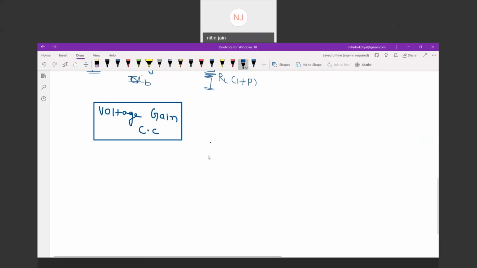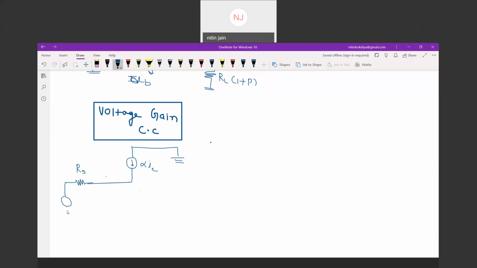So the model we had, the re model, what was it like? We have this re model. Alpha times IE. This is connected to ground. This is RS.